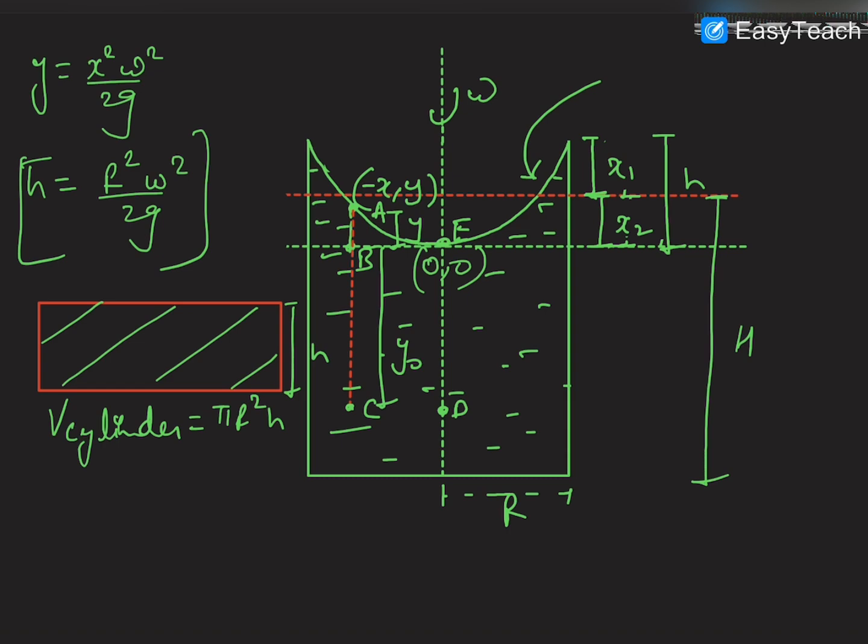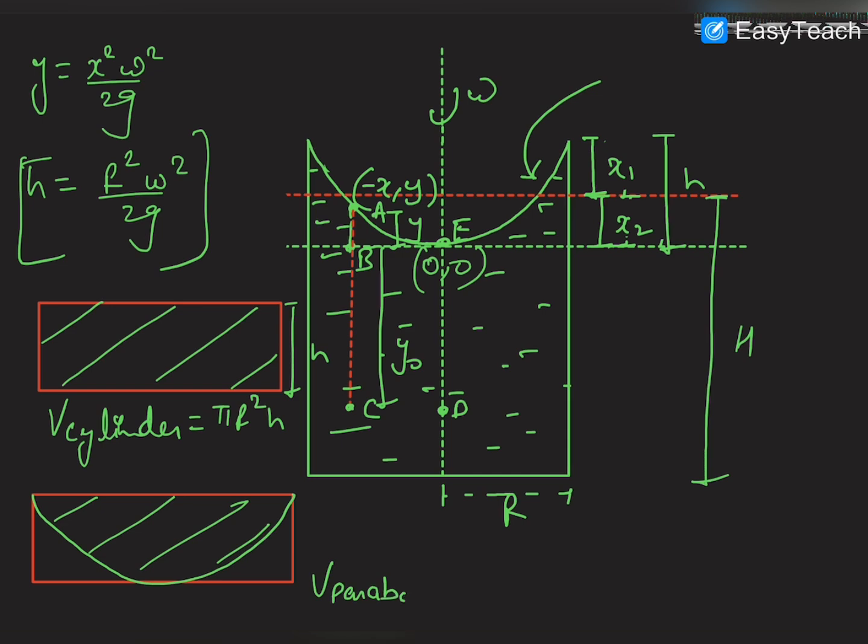Now if we draw a paraboloid like that, then the volume of the paraboloid, which is the volume enclosed in the paraboloid surface, will be equal to half of the volume of the enclosing cylinder. Therefore it would be equal to pi r square h by 2, where r is the radius. So you should remember this thing.